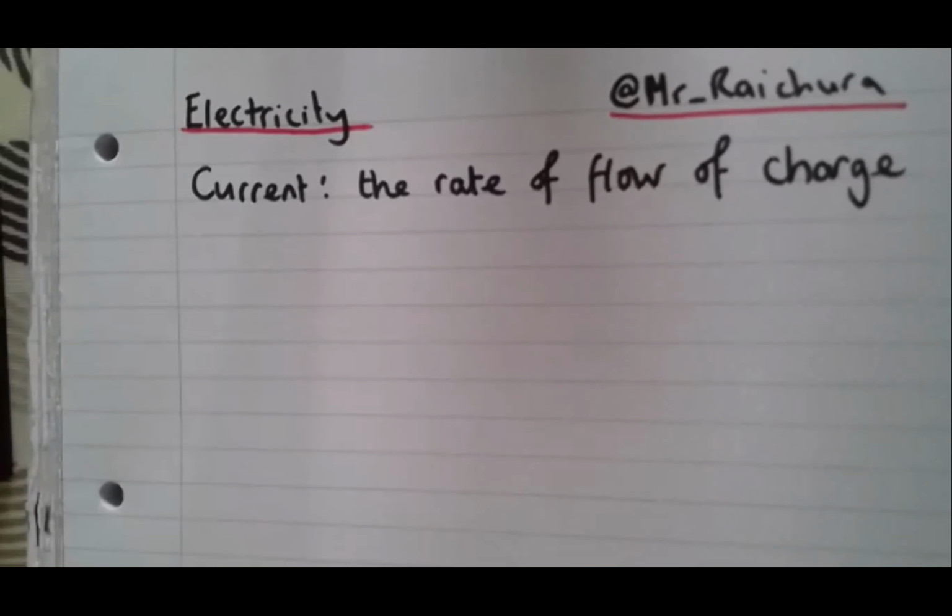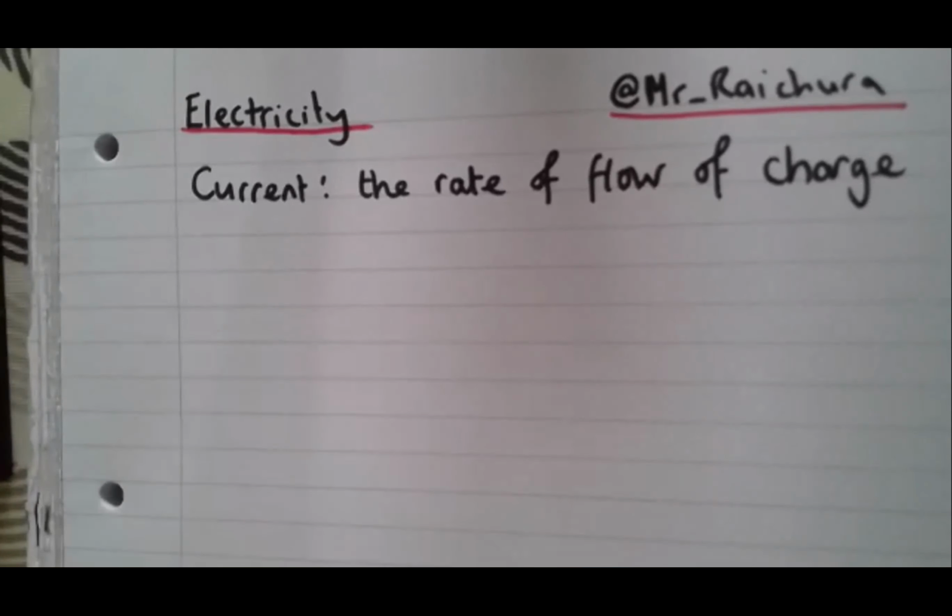If I imagine I've got a little checkpoint here like this, and my electrons are going to move past my checkpoint, I could ask, in 1 second, how many electrons will go past? So let's say I start my timer, and after 1 second, this is how much the electrons have moved along. I can say that there are 4 electrons that have moved past that 1 point in 1 second.